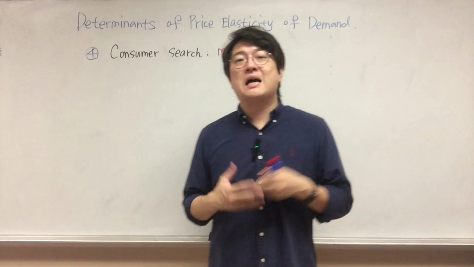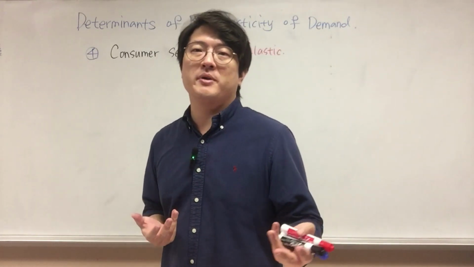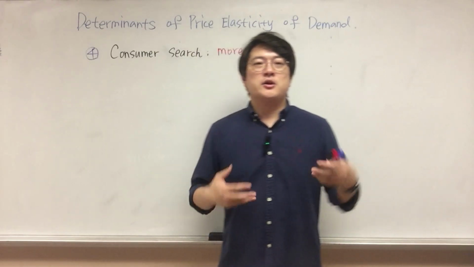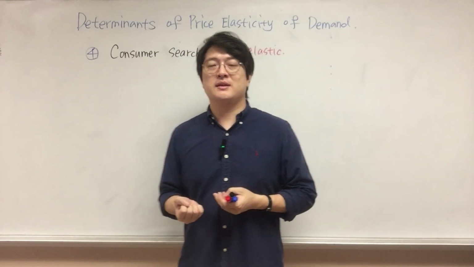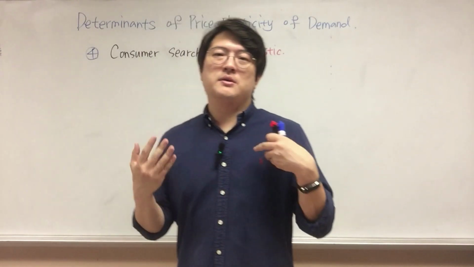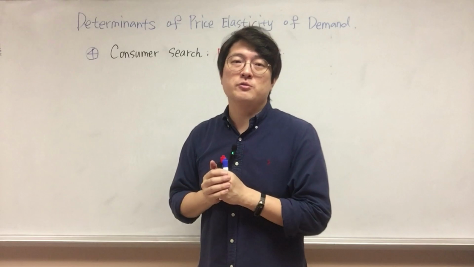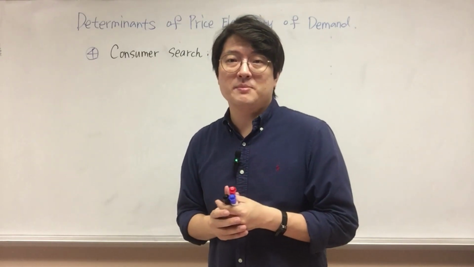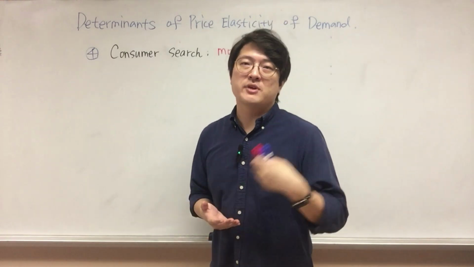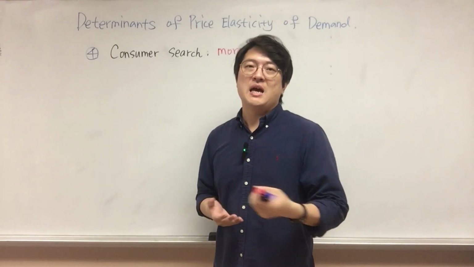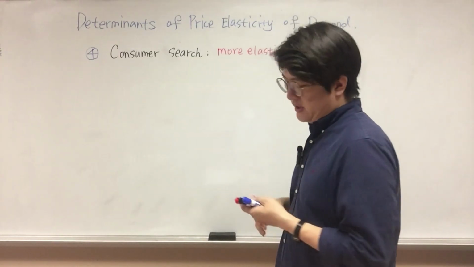For example, Amazon, which you usually use to buy something. If you try hard to find low price items on the web, the first product you wanted to choose will become elastic. Because if you have a substitute, it is elastic. You can change your behavior. Correct? The consumer search leads to more elasticity.